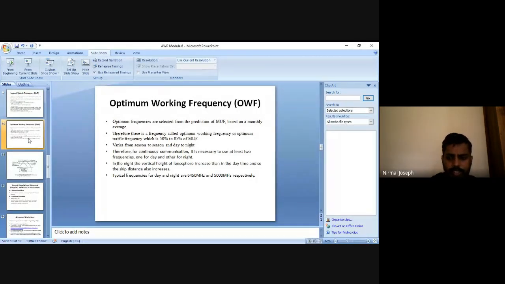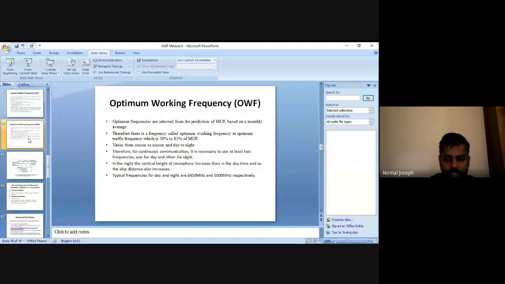What is optimum working frequency? Optimum frequencies are selected from the prediction of maximum usable frequency based on monthly average. That means, as I told yesterday, the maximum usable frequency differs from time to time. It is highly dependent on the changing characteristics of the atmosphere.